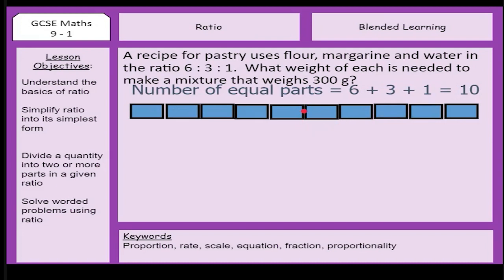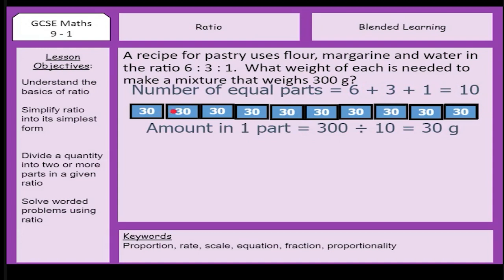Remember, we don't need a calculator to do this. We move the decimal point 1 place to the left if we're dividing by 10, which equals 30. So I know that each part equals 30 grams.